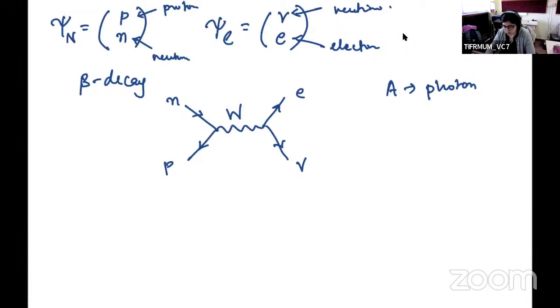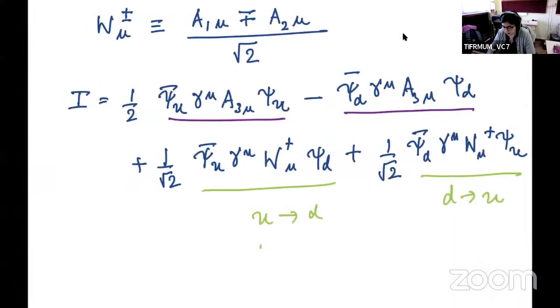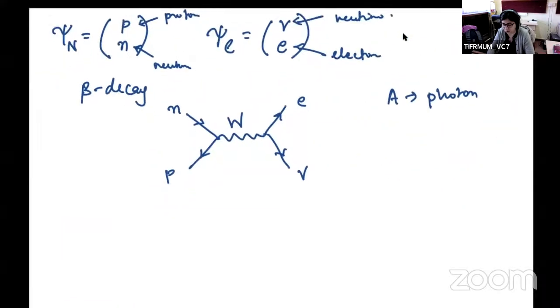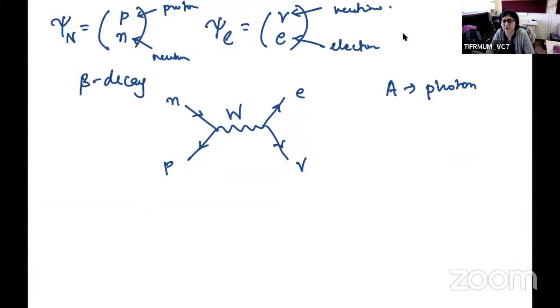However, you will notice that this particle A3 that you have left over has couplings both to up and down type here, right? So which means that it will couple to both the proton and the neutron and also to the neutrino and the electron. Whereas in real life, we know that the neutron and the neutrino is chargeless, which means that the photon doesn't couple to it. Okay?